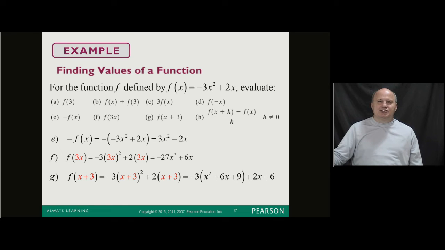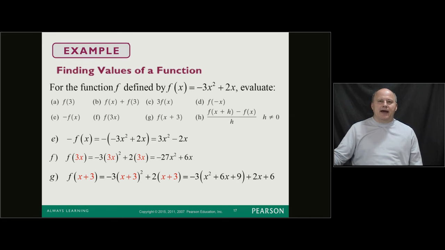So in essence, you're replacing the original x with an x plus 3, and a lot of students have trouble with that process of thinking. You can't think of it as just replacing an x with an x plus 3. I think of it as replacing an input with x plus 3. If you think of x as the input, it's a whole lot easier to get this understanding.